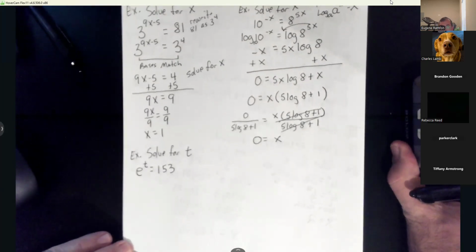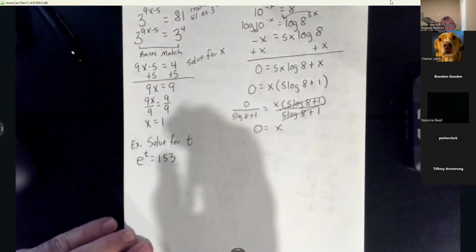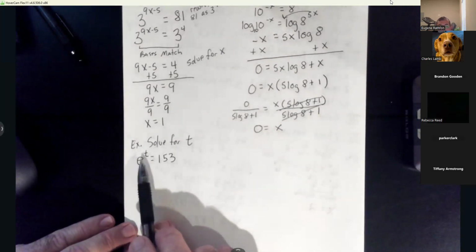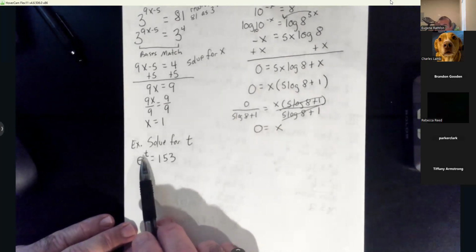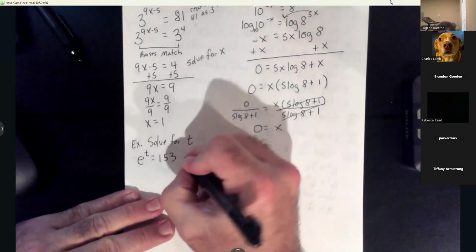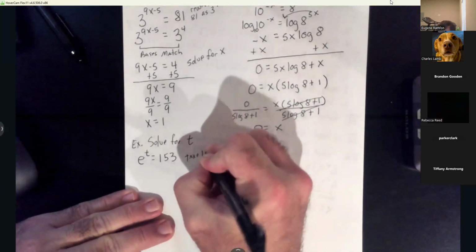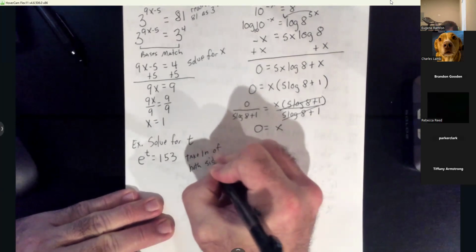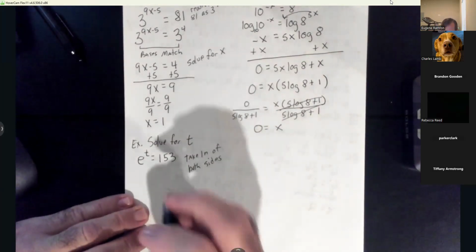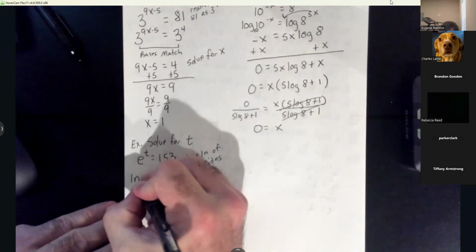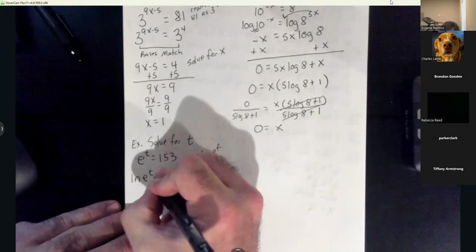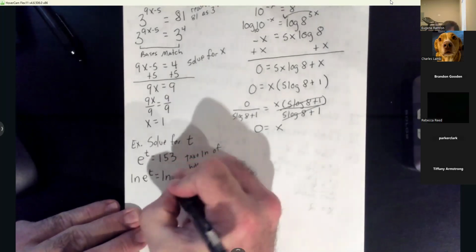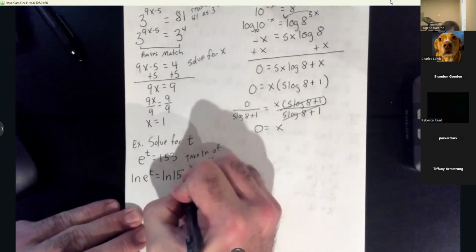So since I cannot rewrite this one, look here, I got an e. So remember, I said if I had an e, I'm going to take ln of both sides. Okay, so I'm going to do the ln of e to the t equals the ln of 153.